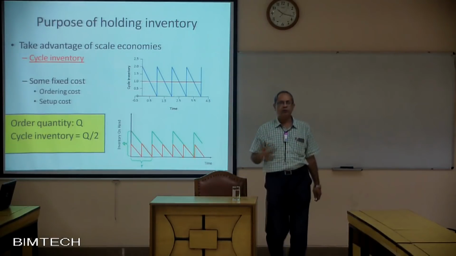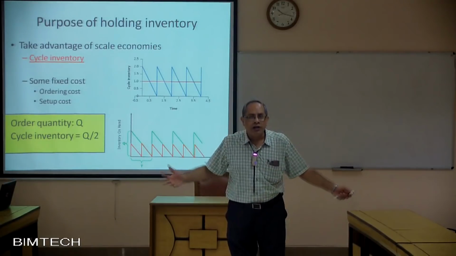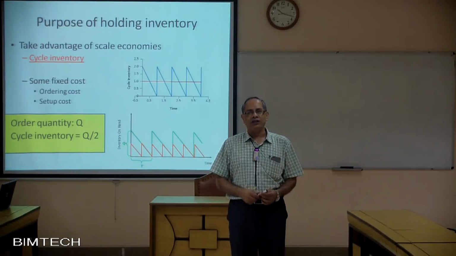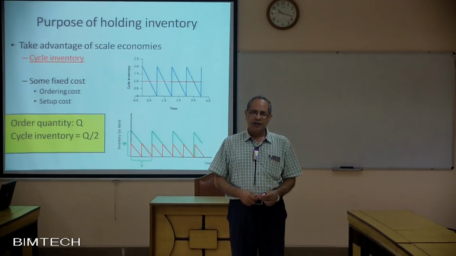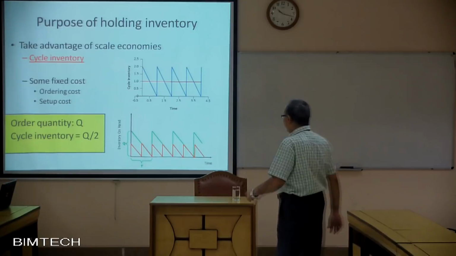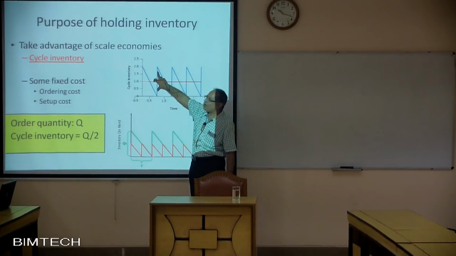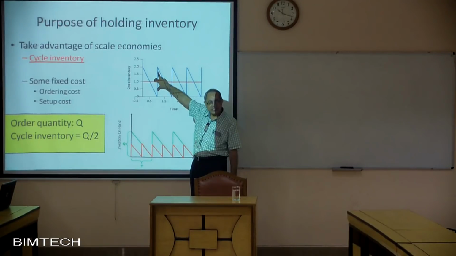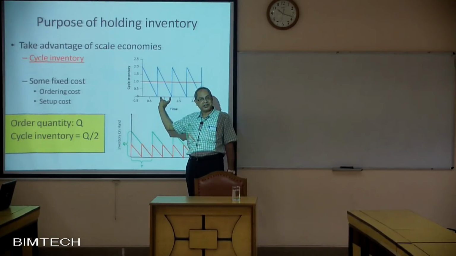Whether you call them cycle or periods, it's the same thing. So my question is, what is the average demand or consumption in 1 cycle or in 1 period? And the answer to that is this quantity Q itself. Your order quantity Q is actually the average demand for this period.